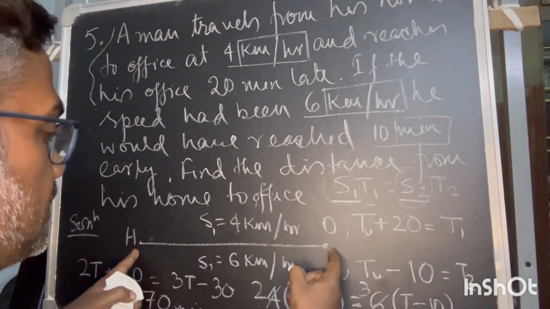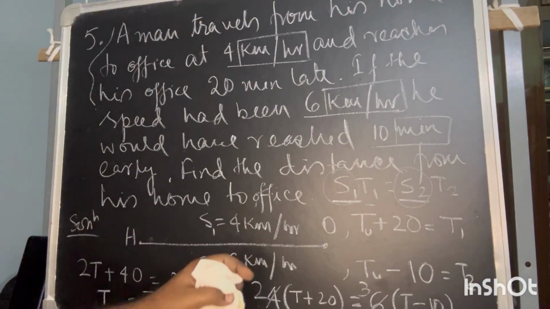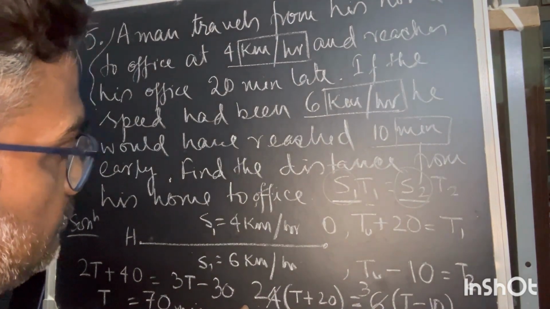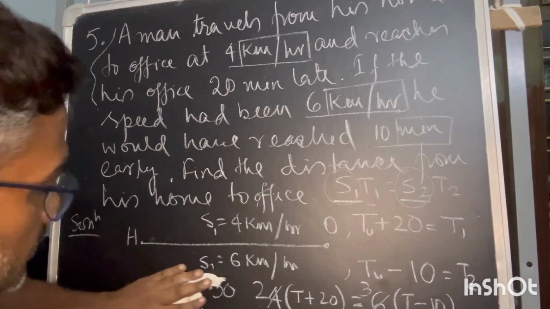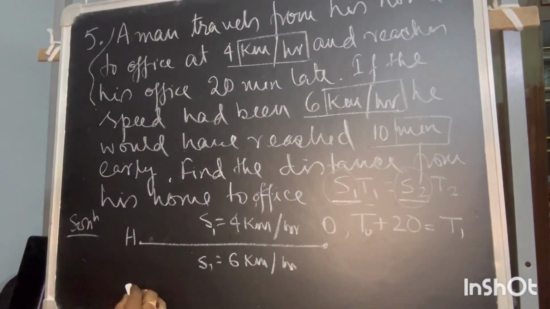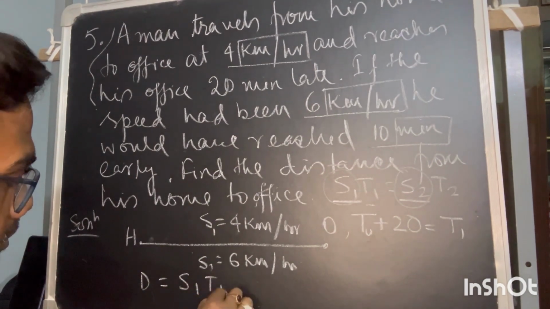Now if it is the usual timing, how will you calculate the distance? Any of these you can use for calculating the distance. For the first case, if it is taking 20 minutes more, the distance is equal to S1 into T1.